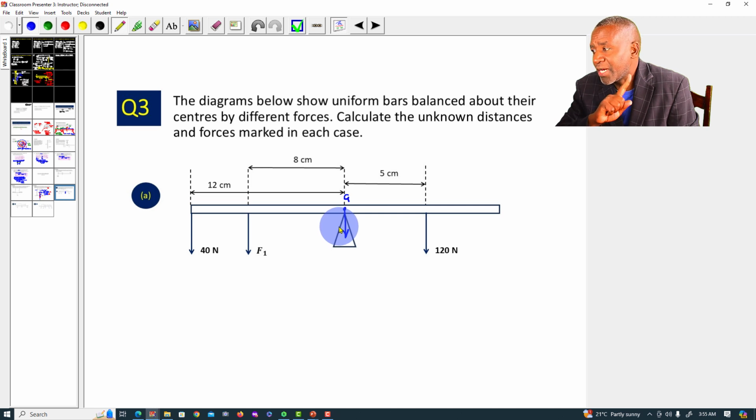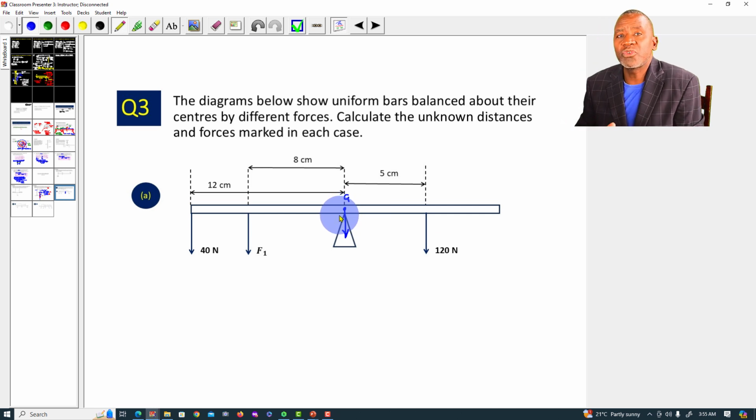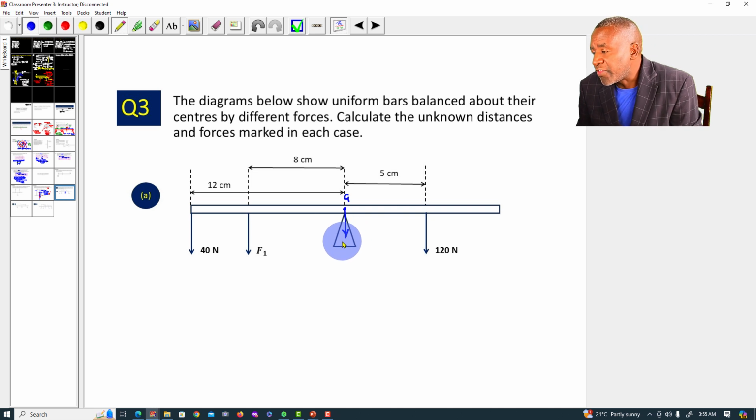I want to repeat that because it is very important. These bars are balanced about their centers. If they are balanced about their centers, they are balanced at the point where the center of gravity of that bar is found. What is center of gravity? It is the point through which the weight of the object acts.